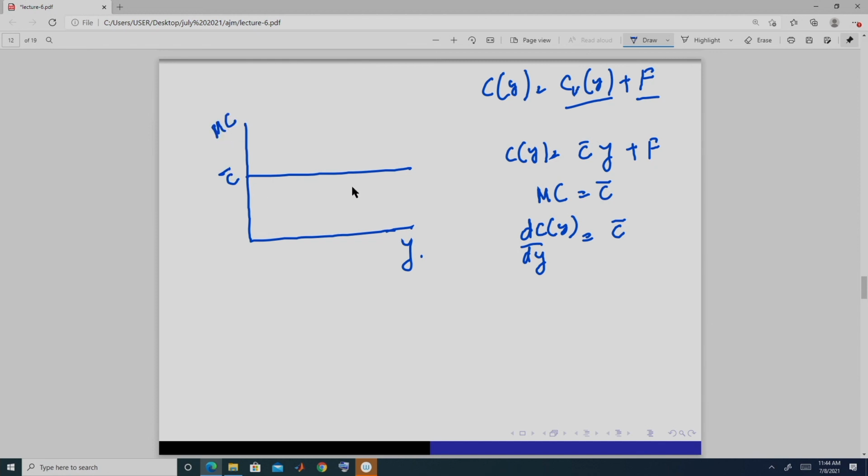Now, this is when we have a marginal cost that is constant, fixed. Whatever may be the input you are employing, you are incurring the same cost at the margin, it is not changing. This can be one form.